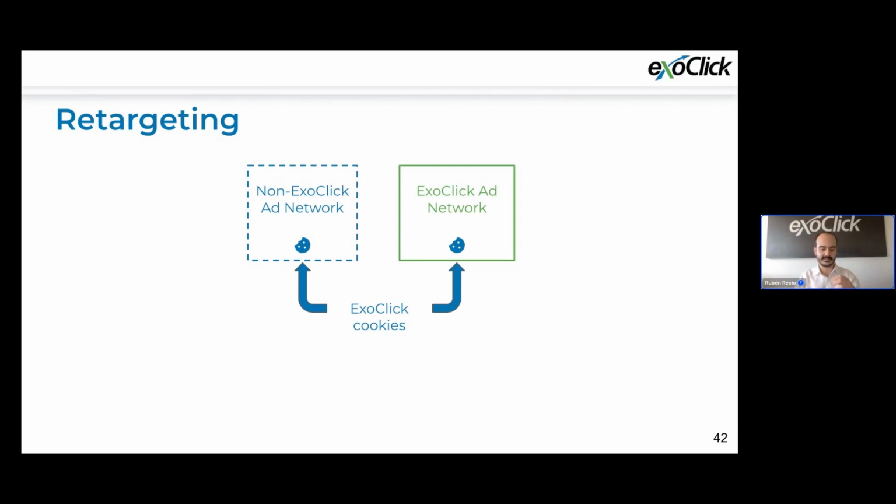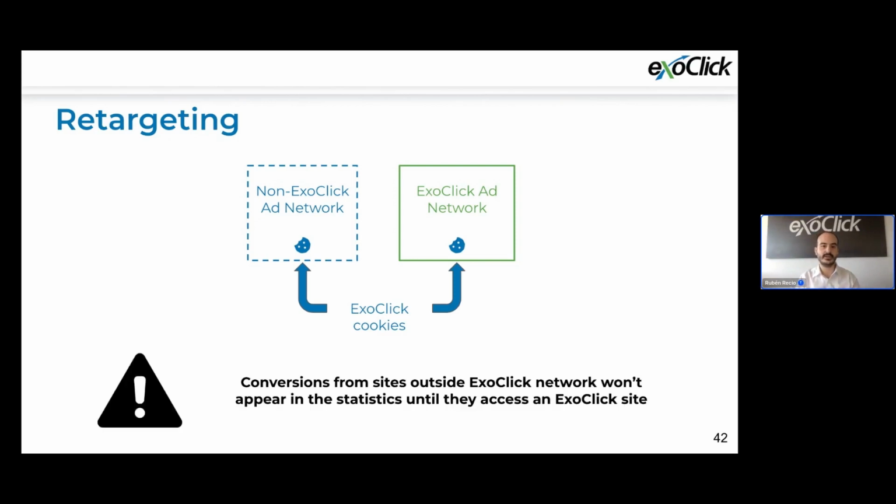Let's imagine that this user has never been through a site from the ExoClick ad network, but has seen some other from your campaigns. And since you were using pixel tracking, that user has the goals cookie. Can you do positive retargeting to that user? Well, yes. The moment that user visits a site from the ExoClick ad network, if it has the goals cookie and you have positive retargeting, then we can retarget that user.